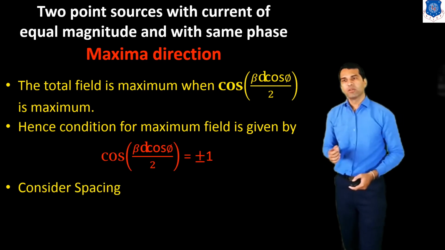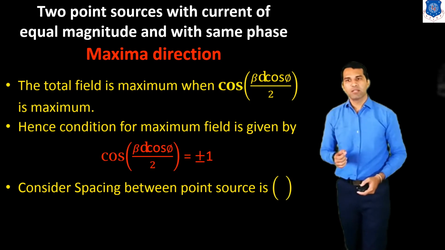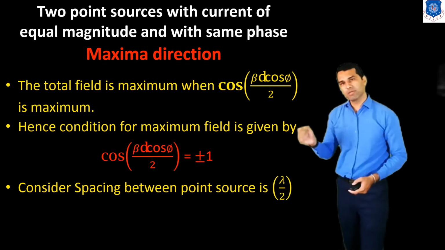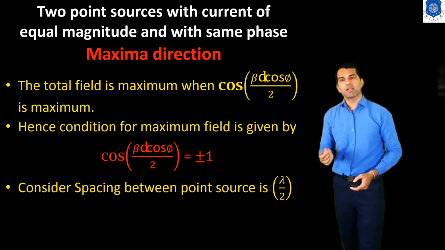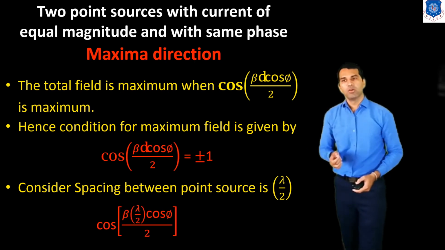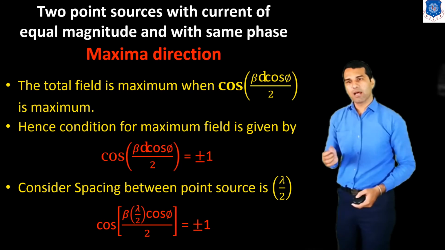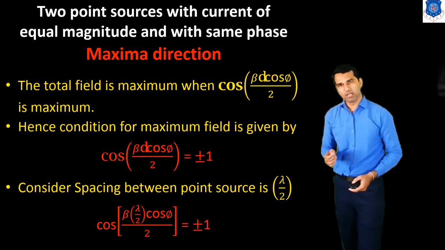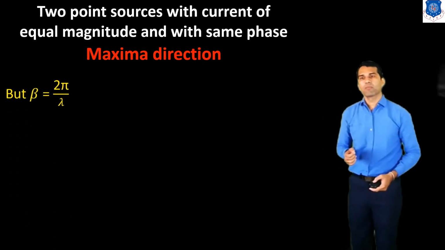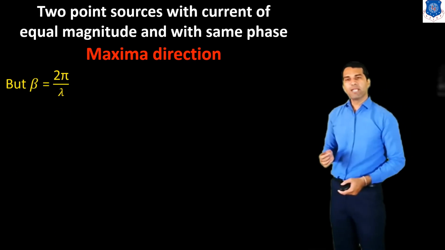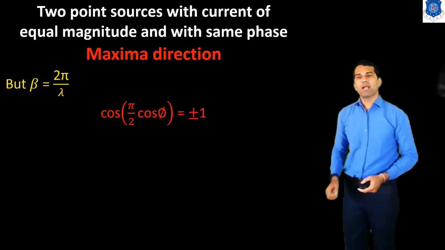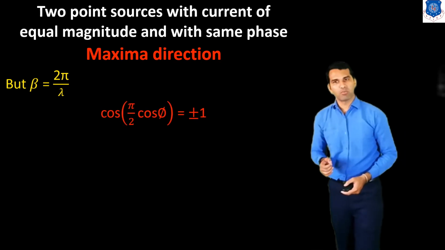Now consider the spacing d between the point sources to be lambda by 2. So instead of d, we write lambda by 2: cos(beta lambda by 2 cos phi by 2) equals plus or minus 1. We put beta equals 2 pi by lambda, so cos(pi by 2 cos phi) equals plus or minus 1.